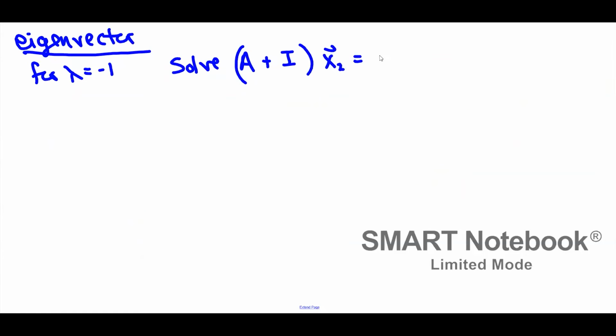We'll call this x2. Set equal to 0 vector. So now we're going to add 1 to the main diagonal. The other diagonal stays the same. This was 9, so it's going to become 10. And this was -7. We add 1, it's going to be -6.